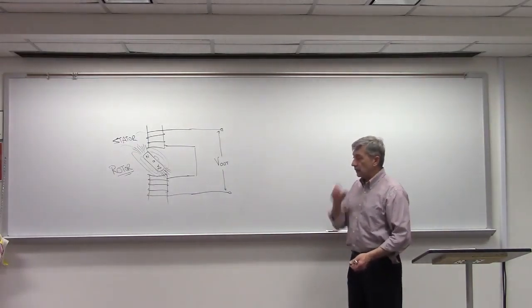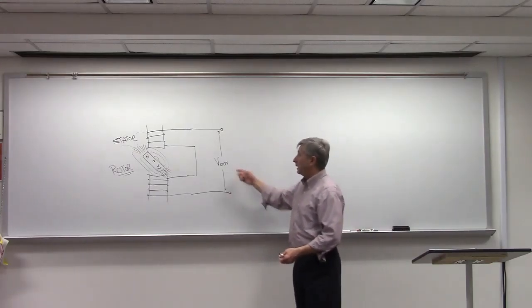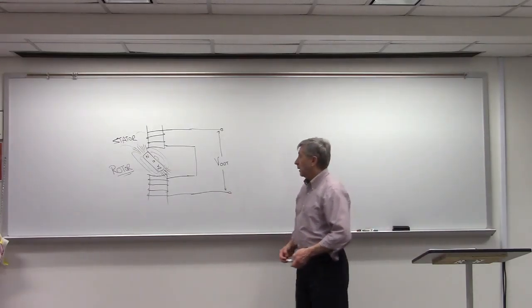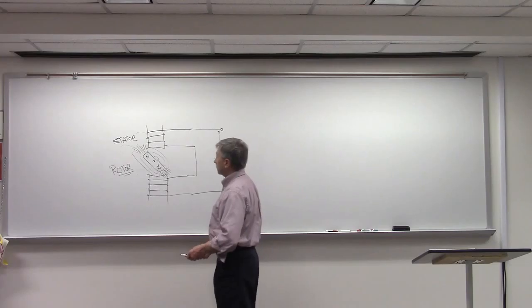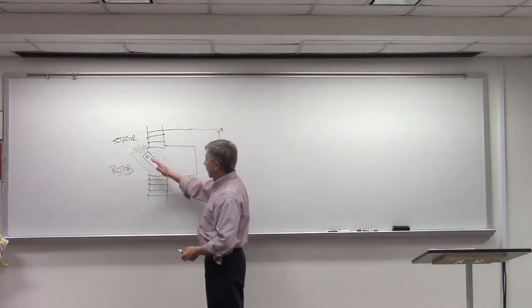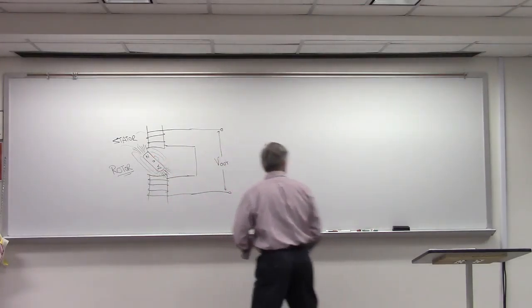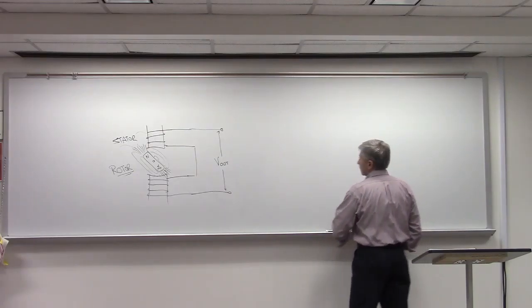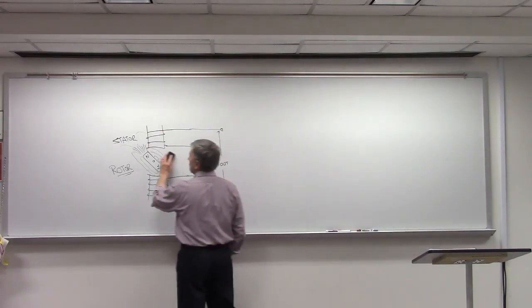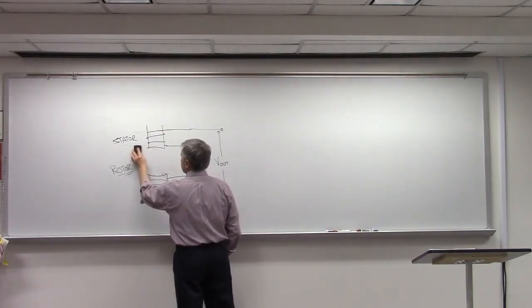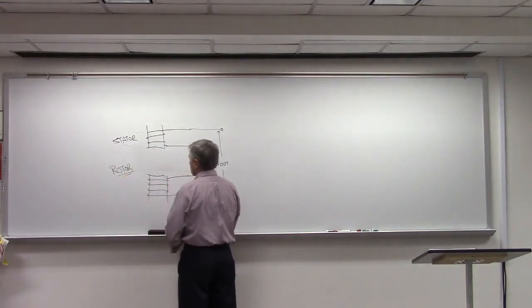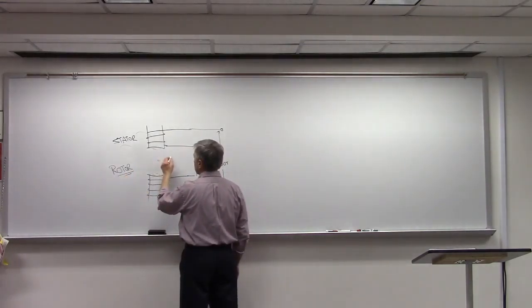So what exactly is going to happen? What will you see at the output when you turn that? Well, when the rotor is offset by 90 degrees from the stator, you'd have something like this.